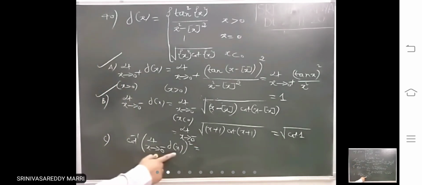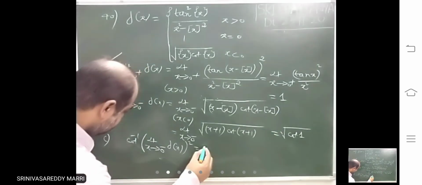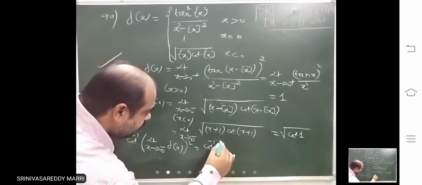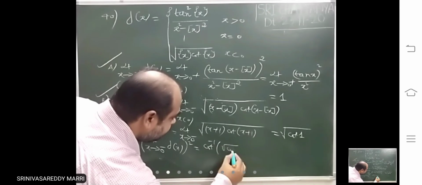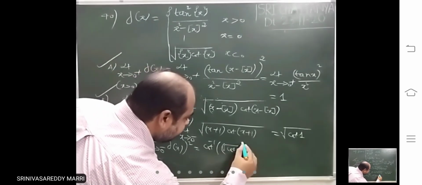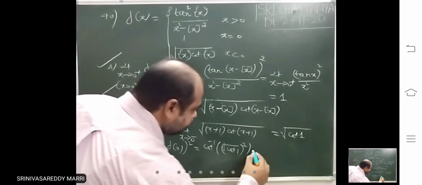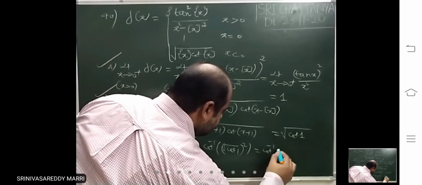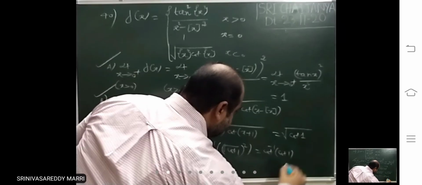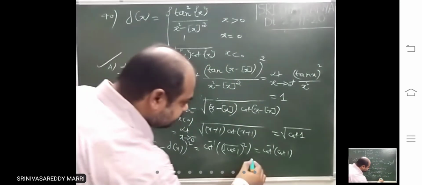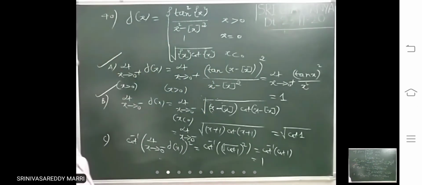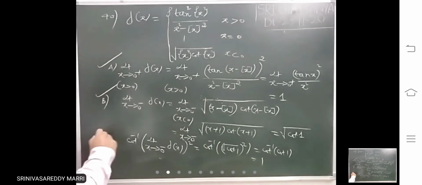That means cot inverse, this we have calculated above: cot inverse root of cot 1 whole square. So cot inverse cot 1. Cot inverse cot x is x. So C option is also correct.